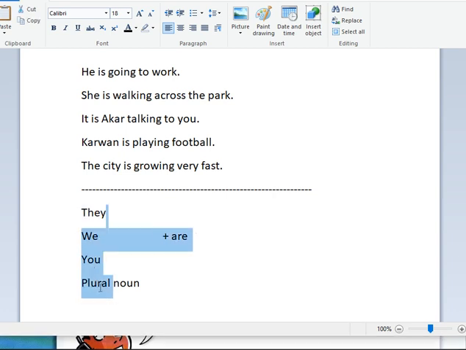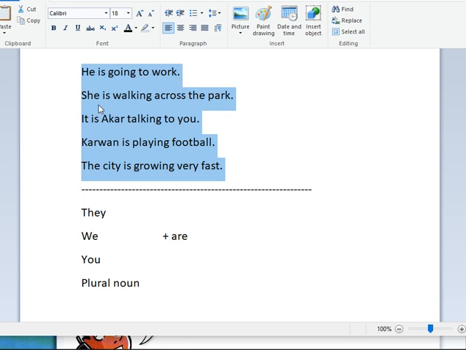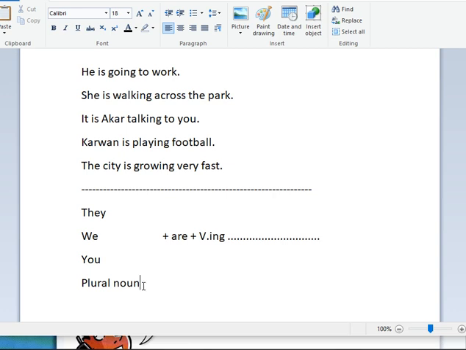All these subjects are plural, but this one is singular. Then we will add our verb ing, and then you complete your sentence.